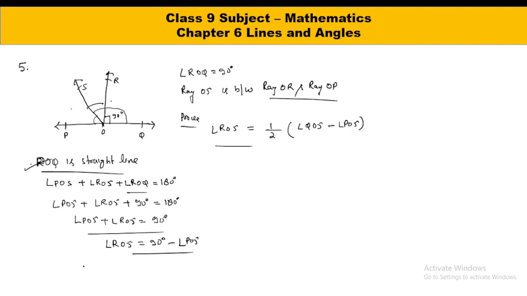What about angle ROS and angle ROQ? Their sum is equal to angle QOS. Means angle QOS can be written as the sum of these two angles.